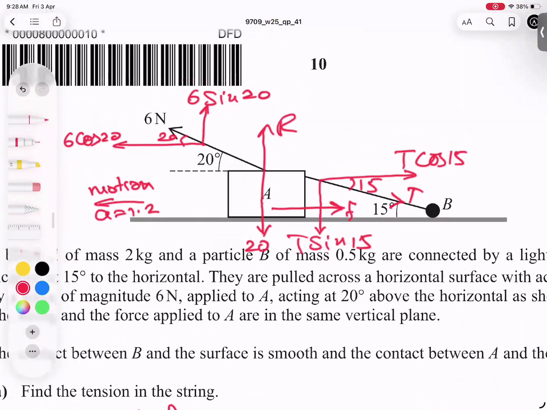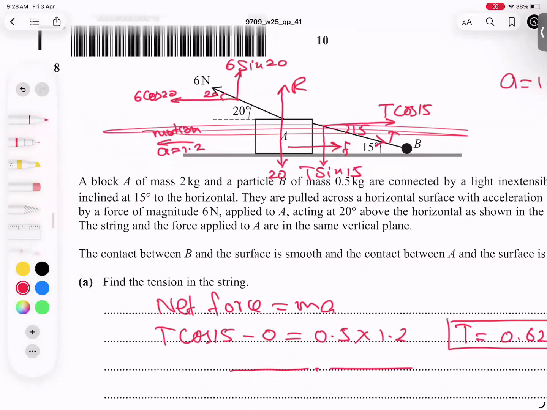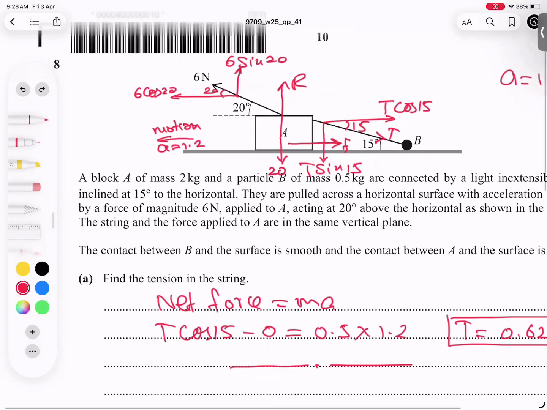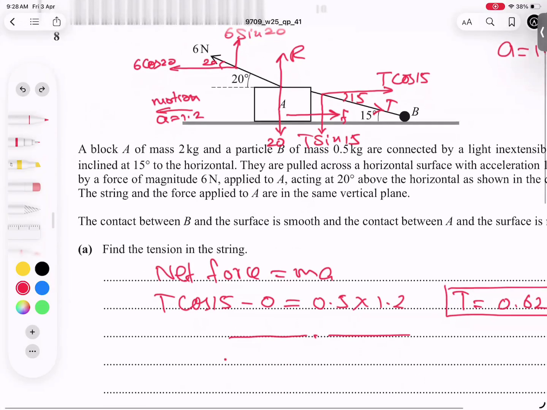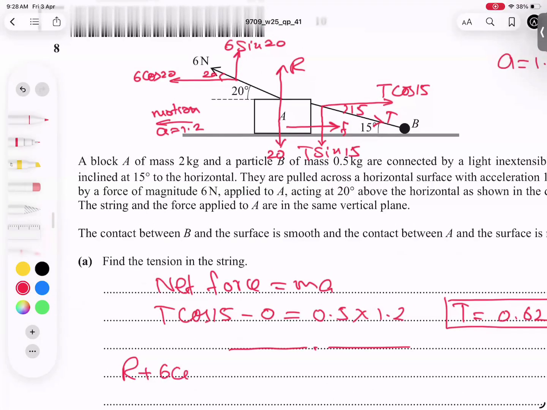Now if you look carefully, we have a horizontal component parallel to the surface and a vertical component perpendicular to the surface. So let's start first with the perpendicular. These two forces act upwards and these two forces act downwards. According to the criteria, upward force equals downward force, so R plus 6 cos 20 is equal to 20 plus T sine 15.